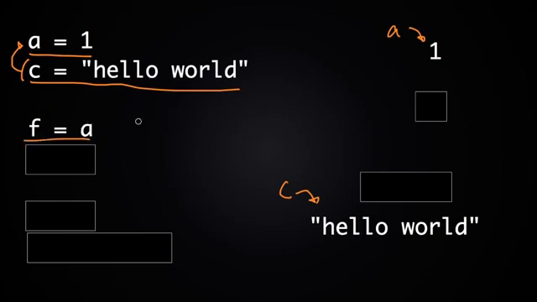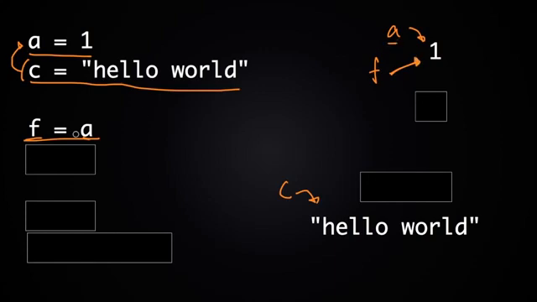What happens then is this means the variable f, the name f, refers to the value a is referring to. So f refers to 1 now. And so f doesn't refer to the variable a. Instead, it refers to the value a is referring to.